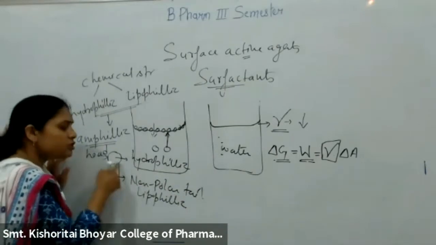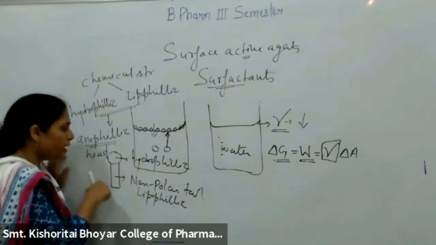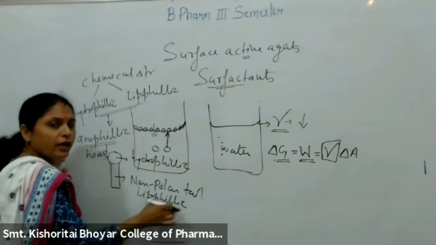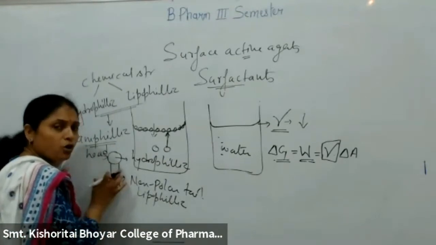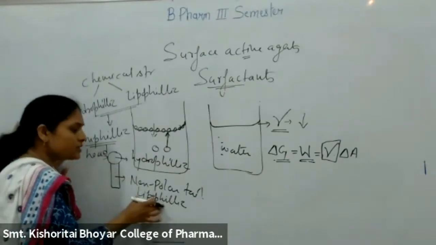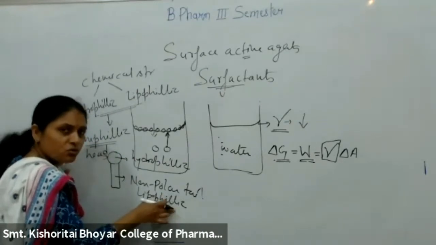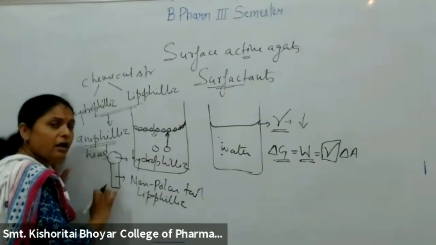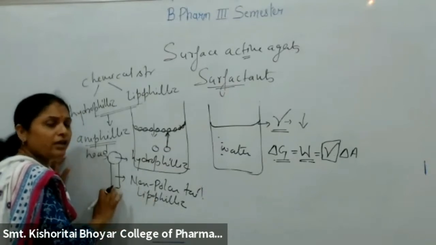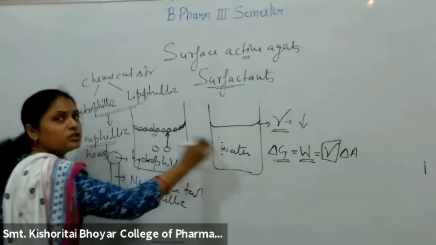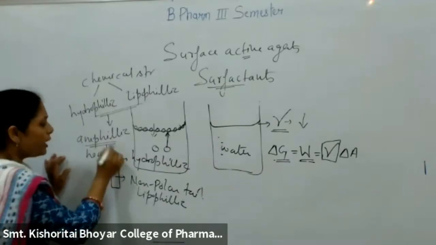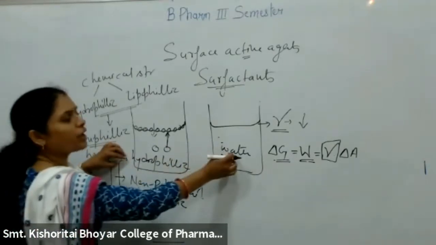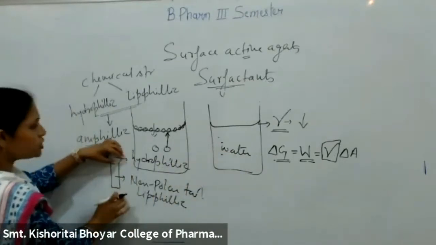But what about this non-polar tail? This is made up of lipophilic groups. This tail portion is made up of lipophilic group. And because of this lipophilic group, which is oily, it will have attraction with organic solvents, but it will not have any attraction for this water which is hydrophilic in nature. So from this complete figure, only this portion has attraction for this, and this portion does not have attraction for this.